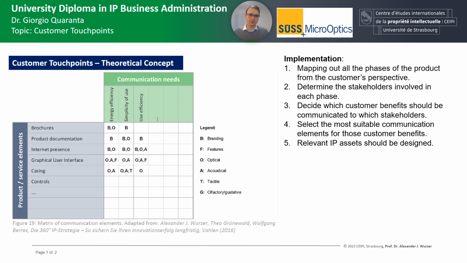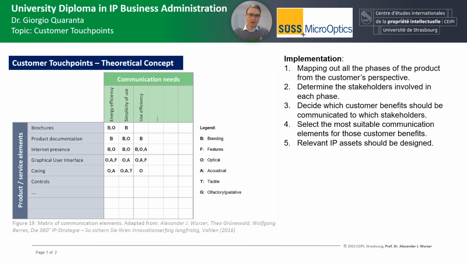And for each of those elements, we need to assign a communication need, which is the ultimate need that we need to emphasize and stress. For example, for a brochure, there has to be a strong brand, and it has to be visually appealing.